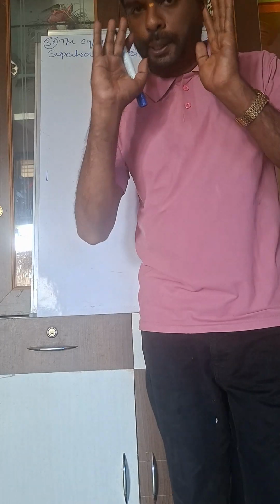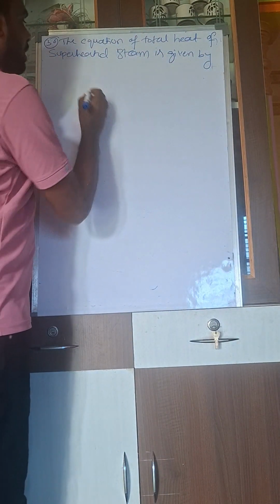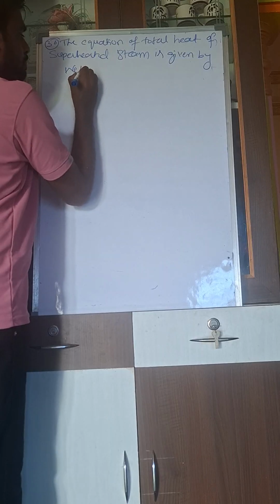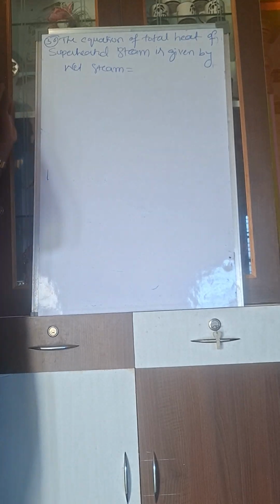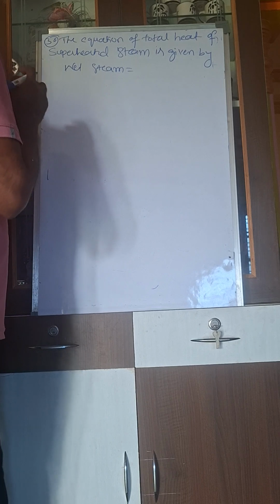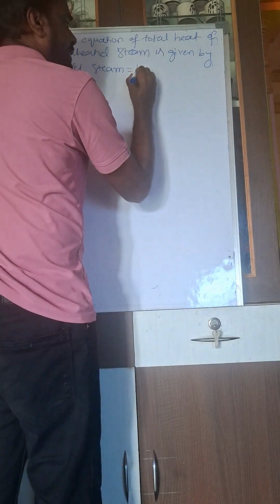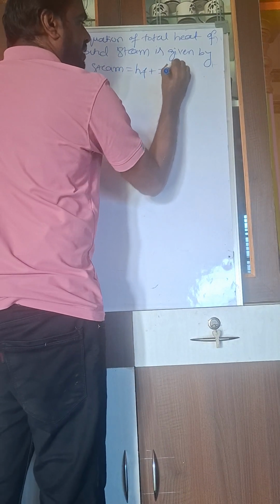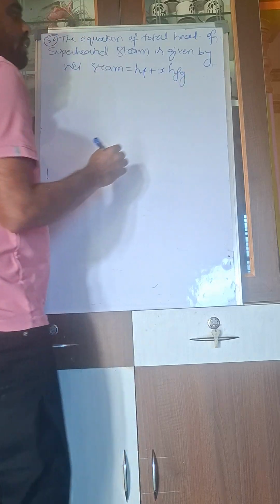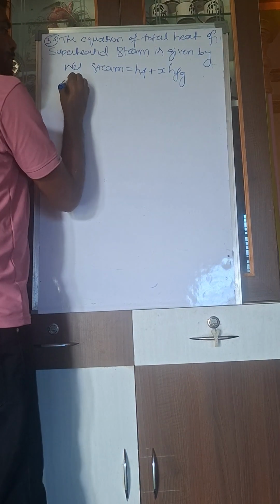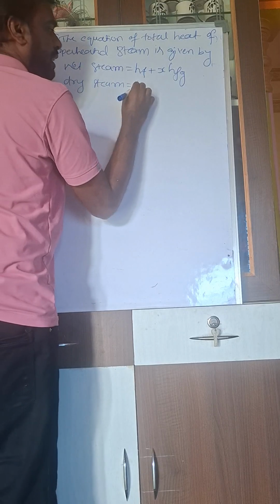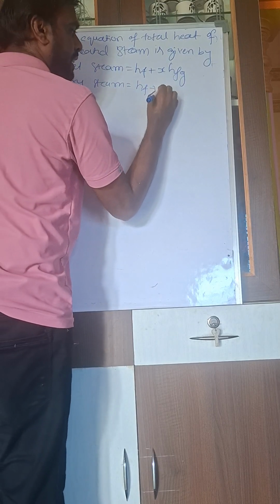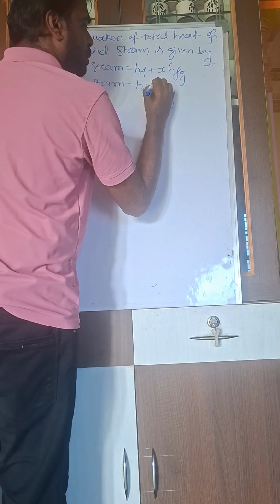See, there are three types of steam. The first one is called wet steam. What is indicated in wet steam? Enthalpy of wet steam is hf plus x hfg. Next I am talking about dry steam: hf plus hfg, where x is equal to 1.